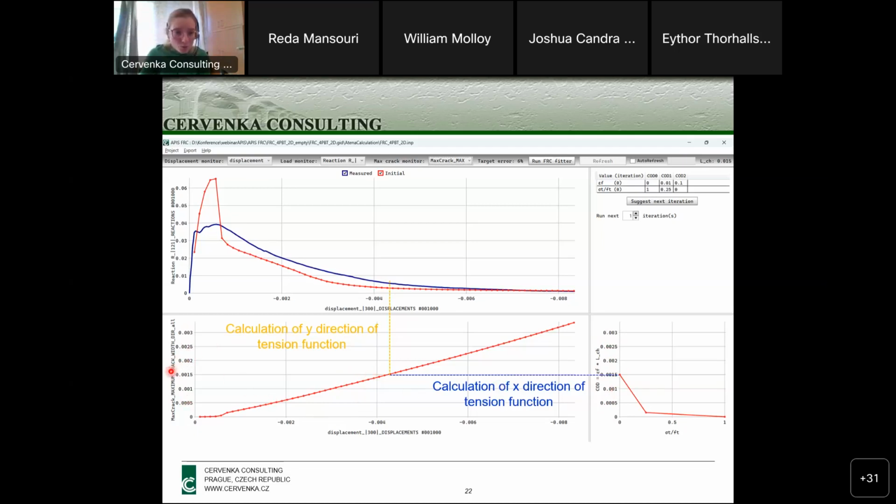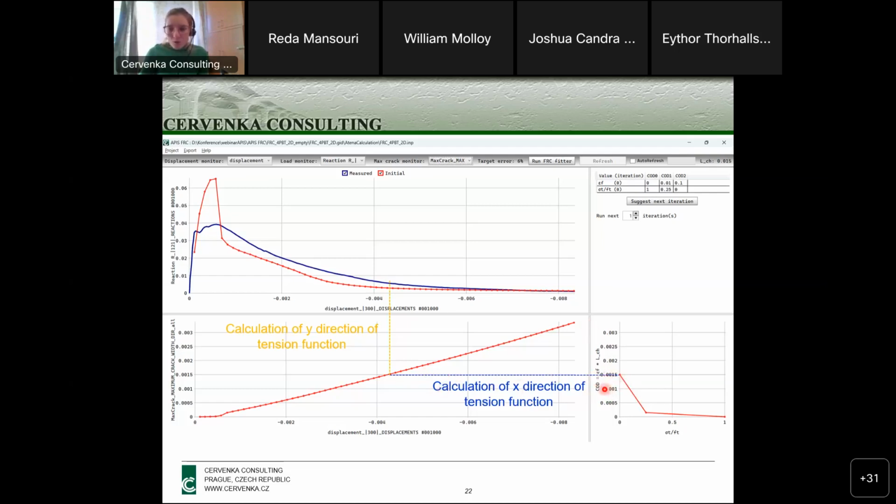So you can go from the crack width to calibrate the tension function, as we were talking about, in the X direction, because we are talking about the stress strain diagram, and the strain and also the crack width is in here. So this is calibrating the tension function in the X direction.